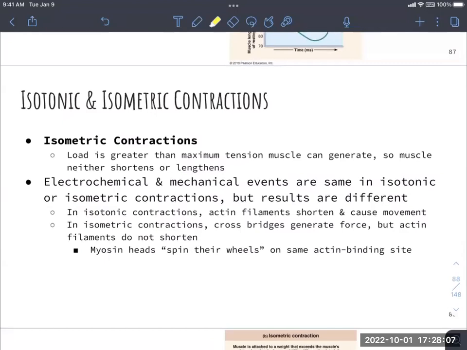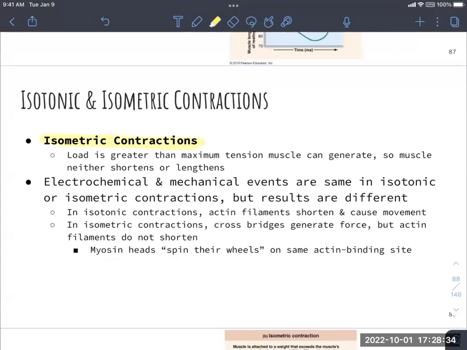So you're trying to pick up something that's like 150, 200 pounds. Most normal people cannot pick up something like that on their own. So that generates an isometric contraction. Your muscles are going to contract to try to pick it up. They're going to try to contract, I should say.